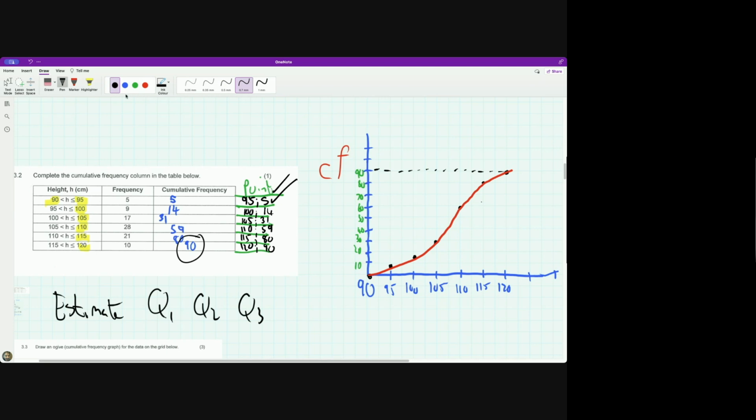In order to estimate those values, you are going to have to calculate the position of each of those. And then after you've calculated the position, you're going to have to use the graph to help you get your estimate. To make your life easier, I will give you the position formulas at the top, but you are going to have to work out what the actual position is and then get the estimates.